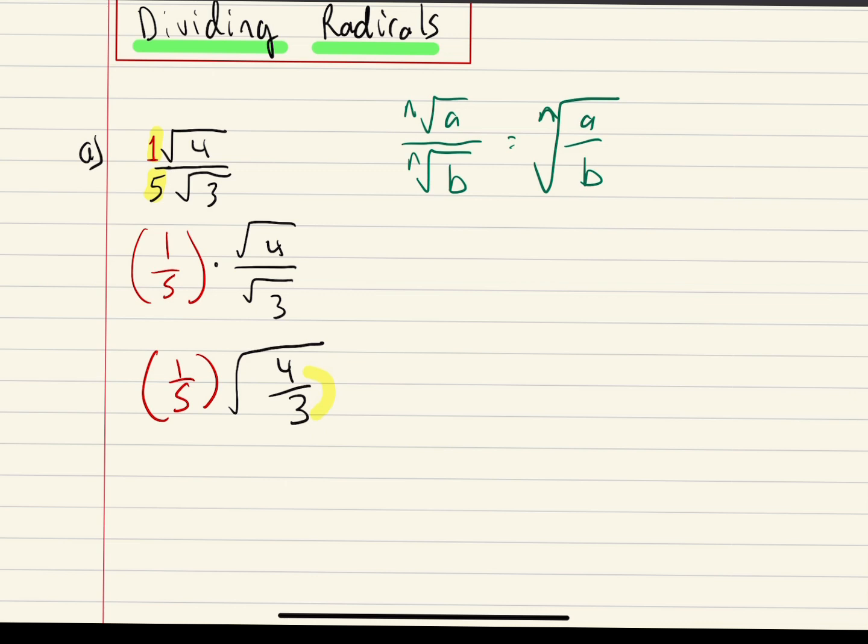And if it remains a fraction, then we must rationalize the denominator, which means that I'm going to have to multiply both the numerator and the denominator by root 3. So before I do that, what I do is I revert this form to this form.